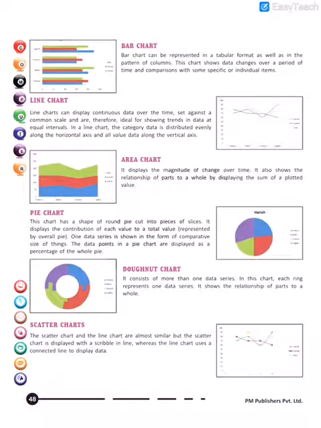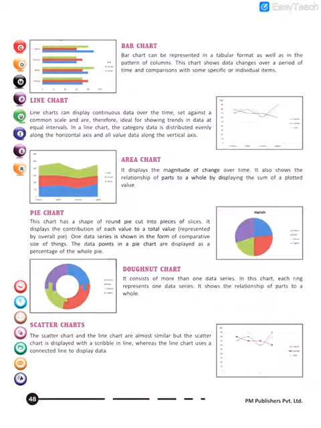Bar chart is also arranged in a similar order, just arranged in the pattern of bars. Line chart is basically continuous data which is plotted with the help of data points. Area chart displays the magnitude of change or differentiation over a period of time. Pie chart is used for representation of percentages or parts of data, and donut chart is similar to that.